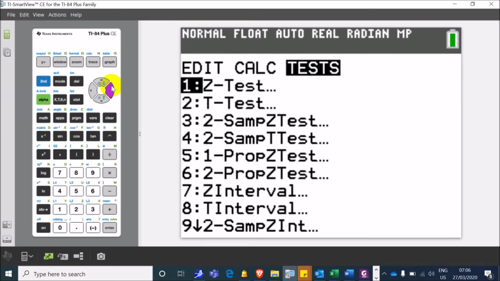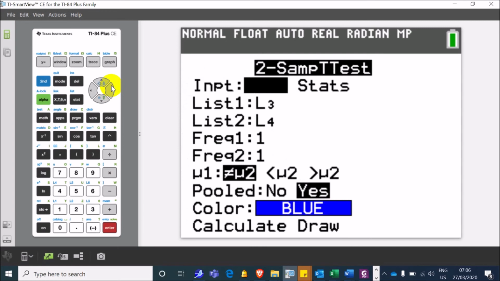We have two sets of data, so we're going to the two-sample t-test. So don't use the t-test itself. Go to the two-sample t-test because we always compare two sets of data. So go to number 4, enter.